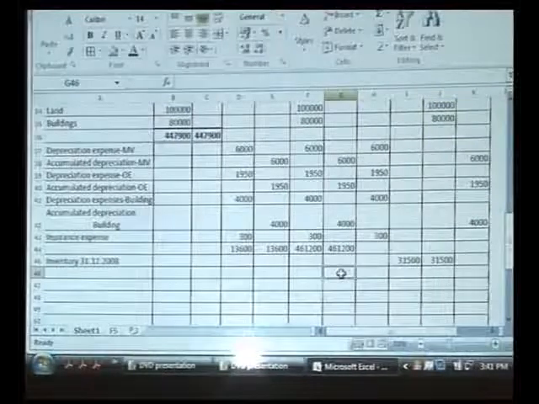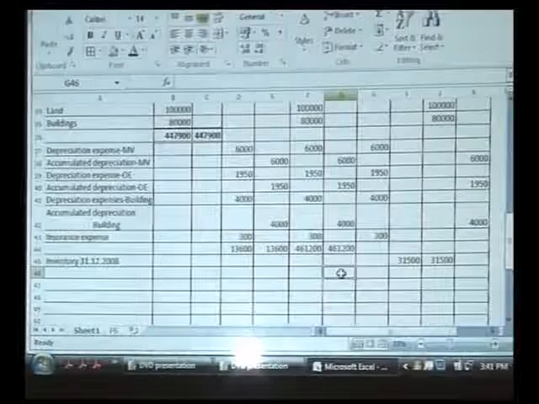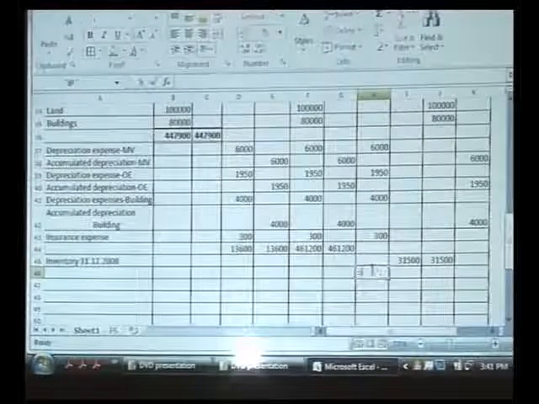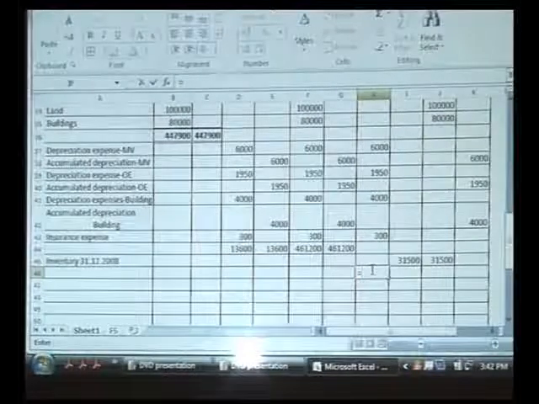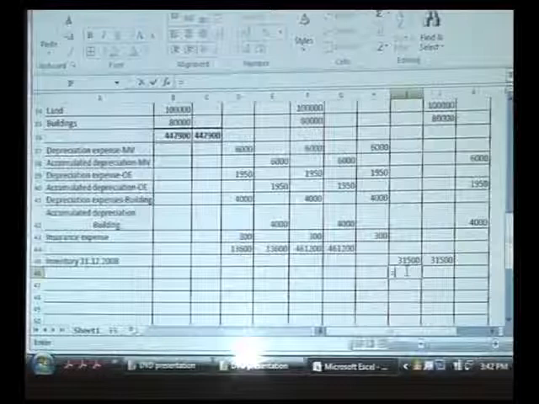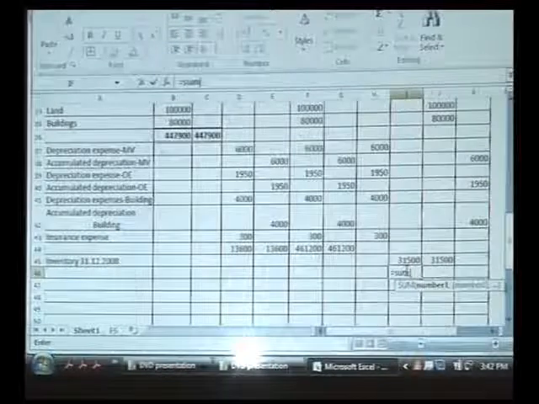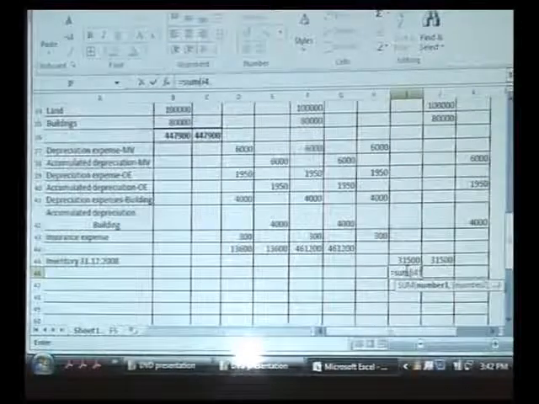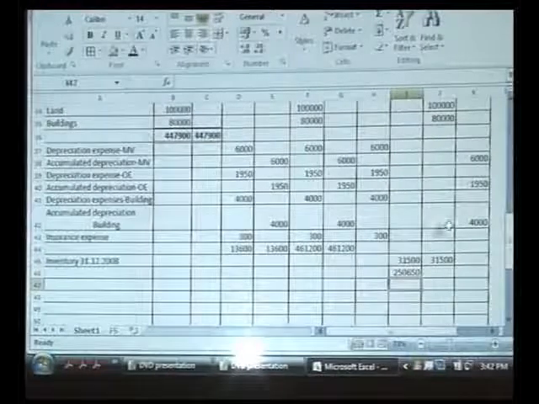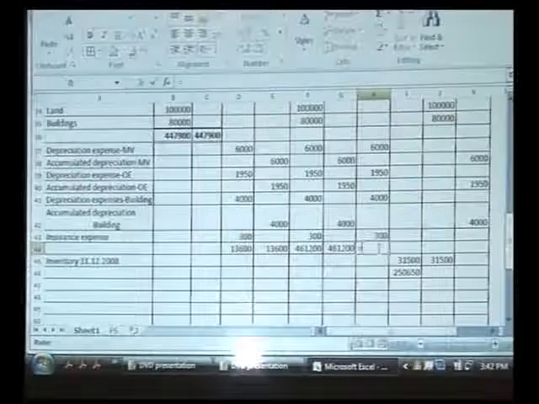Now we can find the total here. Normally the income statement credit column is greater than the debit column. Therefore find the balance total here, and the debit side total, debit column total rather.